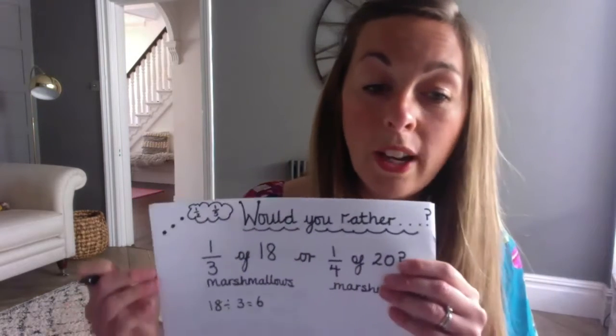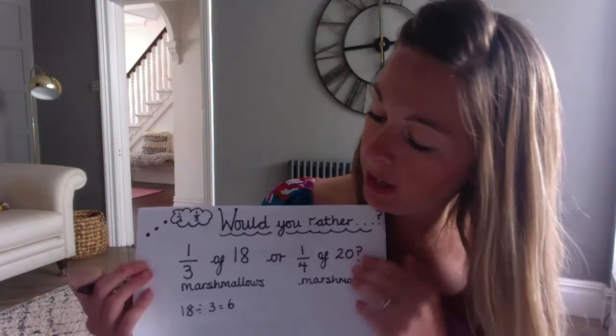So I'm going to write that underneath, 18 divided by 3. And I know from my times table that there are 6 3s in 18. So 1/3 of 18 marshmallows is 6 marshmallows. So if I had the first mug, I would have 6 marshmallows.